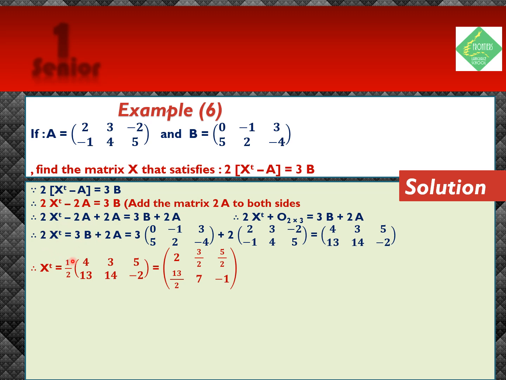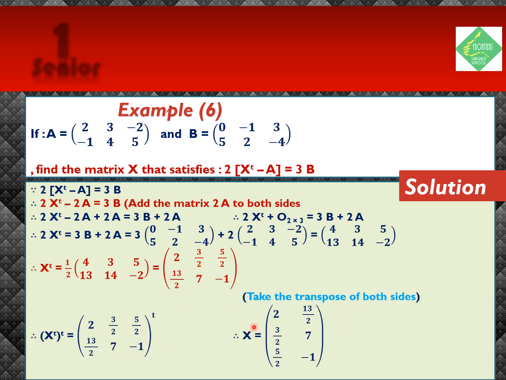It will be this matrix divided by 2, or half multiplying it. You will get the result 2, 3 over 2, 5 over 2, 13 over 2, 7, and negative 1. To get its transpose, you will change this column to be a row and this column to be another row. So it will be 2, 3 over 2, 5 over 2, and this row will be the column 13 over 2, 7, and negative 1.